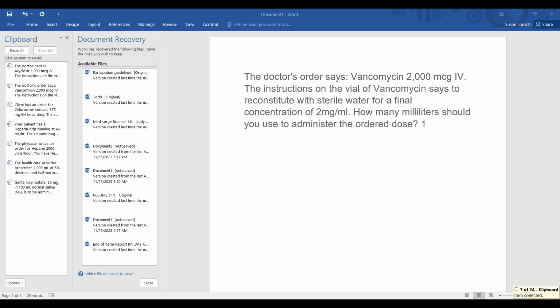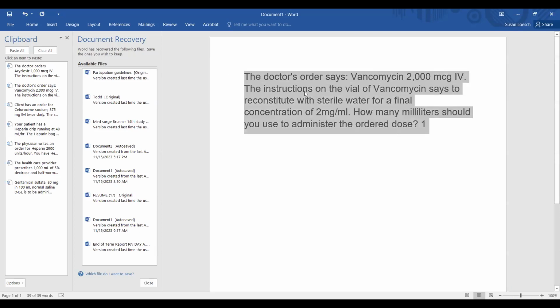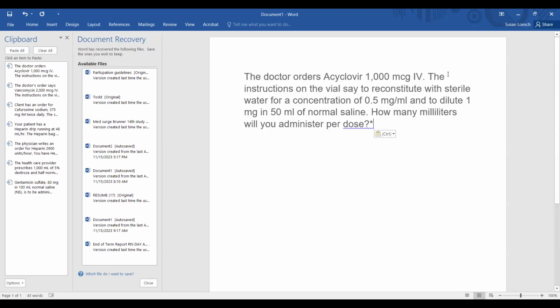Let's just put this on my page. Are you able to see my page? Yeah. So this is just asking you how many milliliters you're going to administer here. I would just take that out, and this is how you're going to see the question.